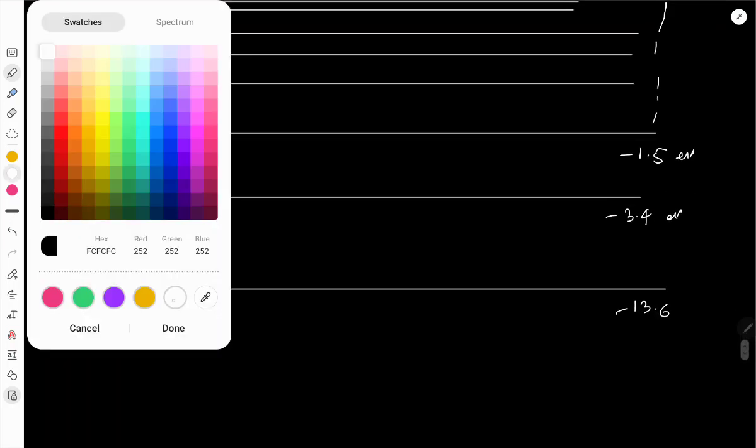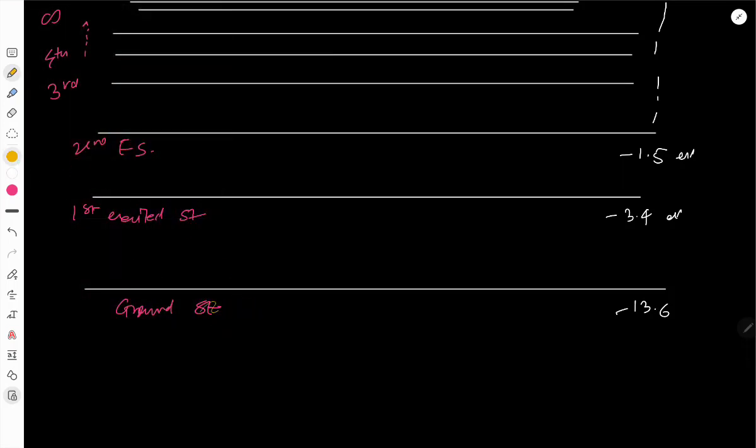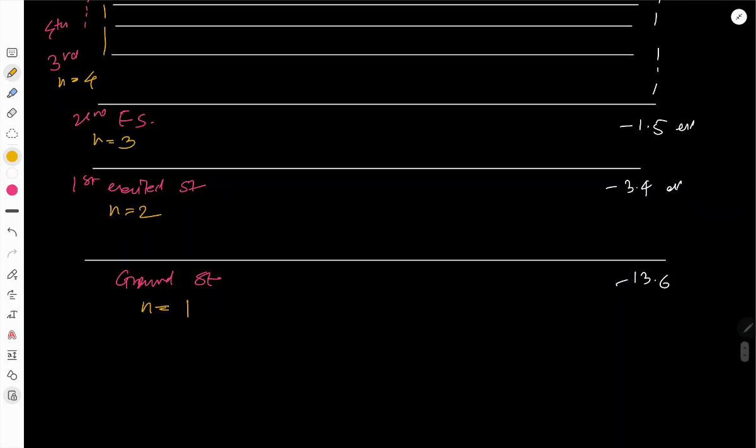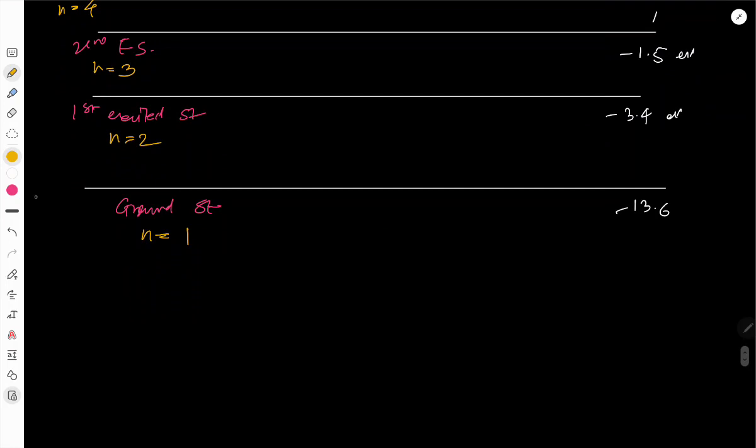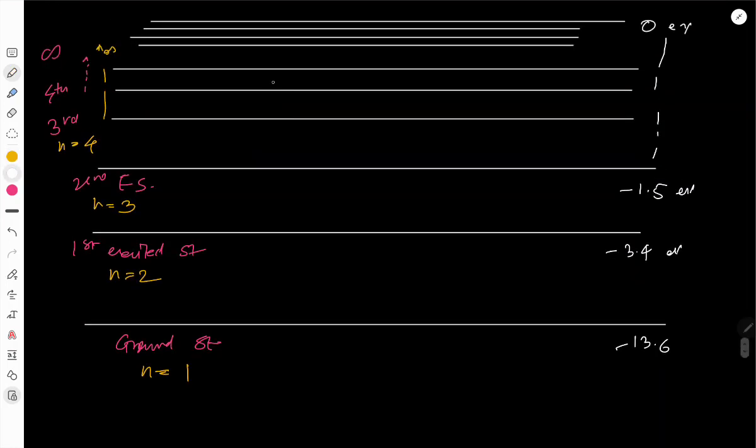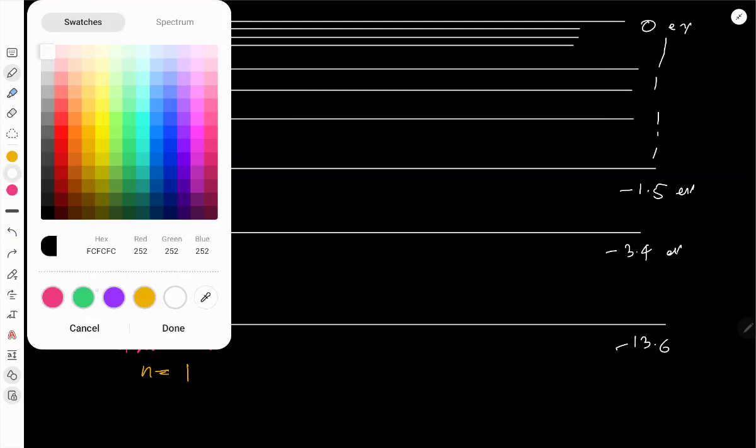And over here in this state n is equal to 1, n is equal to 2, n is equal to 3, n is equal to 4, and so on till infinity. And now these lines, I'll draw from infinity. If we bring an electron to the ground state, let us use another color for this.